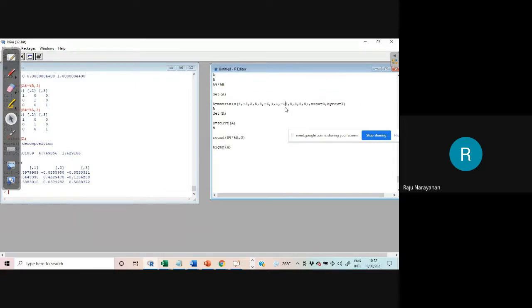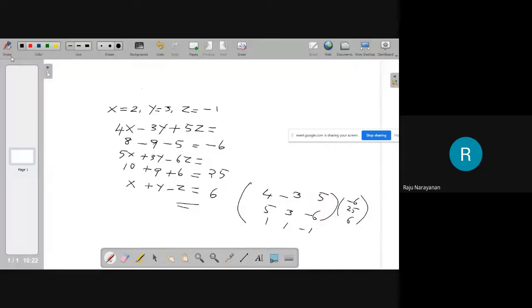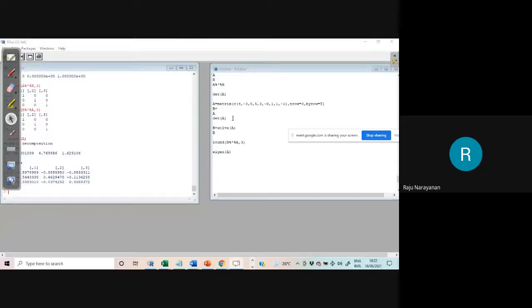Okay. Therefore, this is our matrix A. And what is our vector B? Vector B is minus 6, 25, 6, in c brackets.